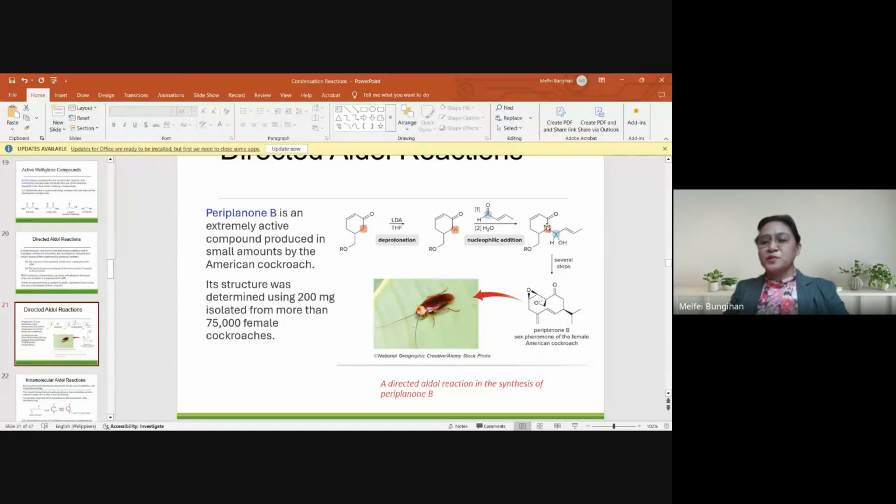Of course, it will take several steps before you can have the whole periplanone B. So it's just telling you that periplanone B can be started with the aldol condensation first, and then several steps to give you, of course, your epoxide formation from your double bond, something like that.